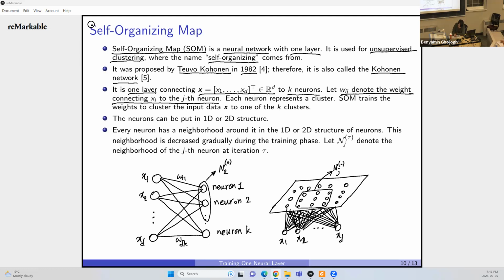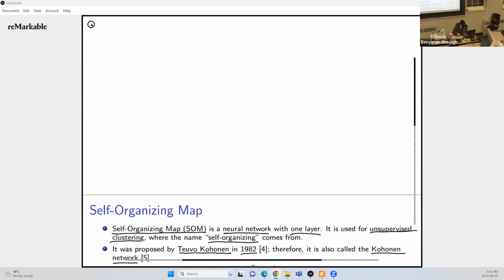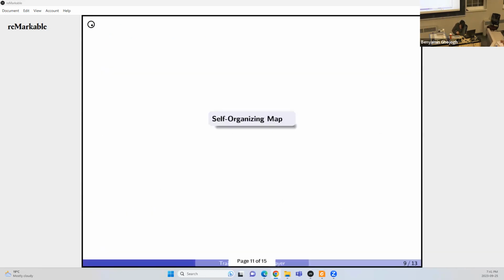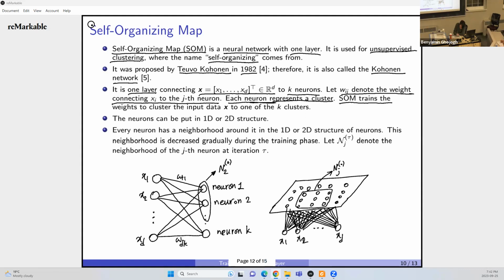Each neuron represents a cluster. Self-organizing map trains the weights to cluster the input data to one of the k clusters. So k, which is the number of neurons, is also the number of clusters, right? Do you remember we talked about k-means? So this is another clustering algorithm.